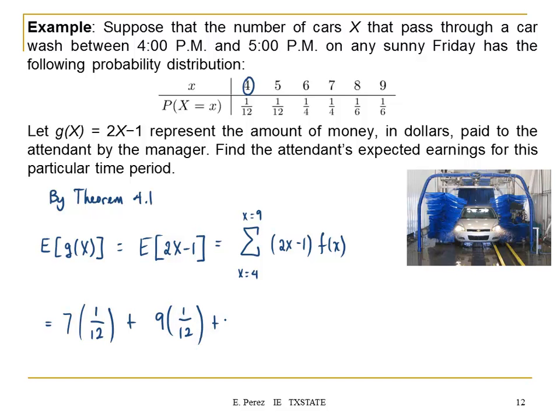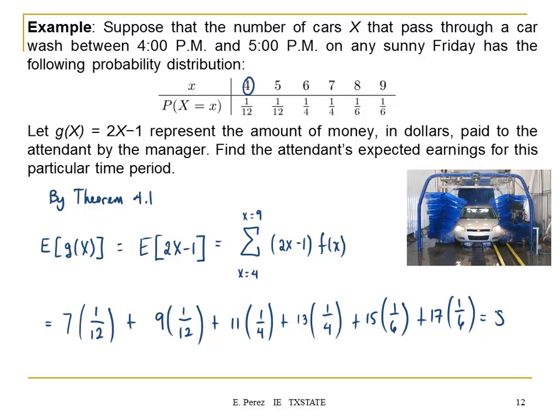Plus, you evaluate 6. This is 11 times 1/4. Plus 13 times 1/4, plus 15 times 1 over 6, plus 17 times 1 over 6, right? And that expected value equals 12.67.